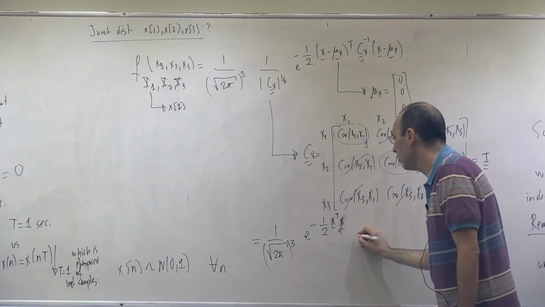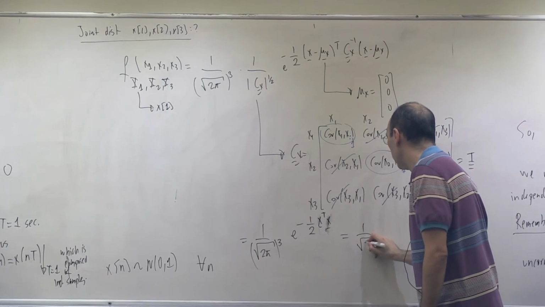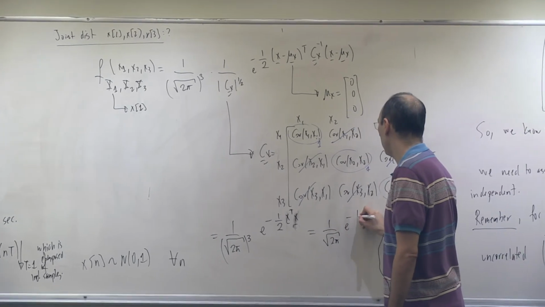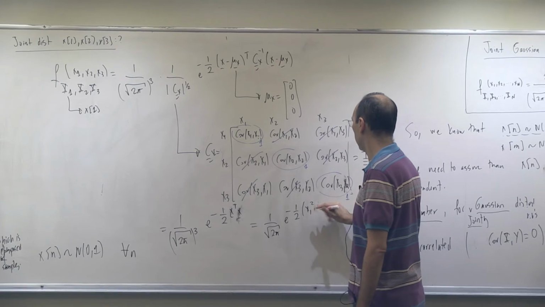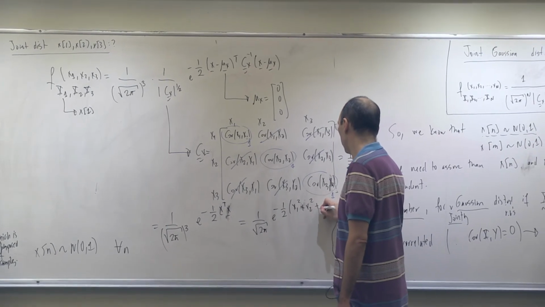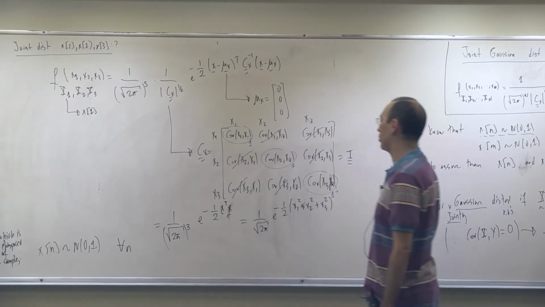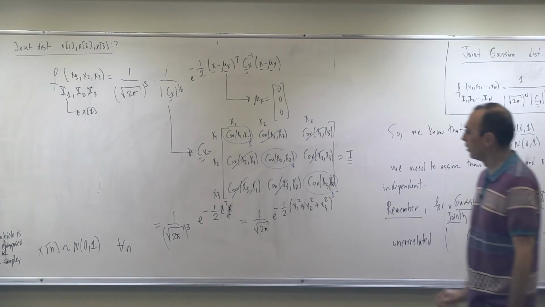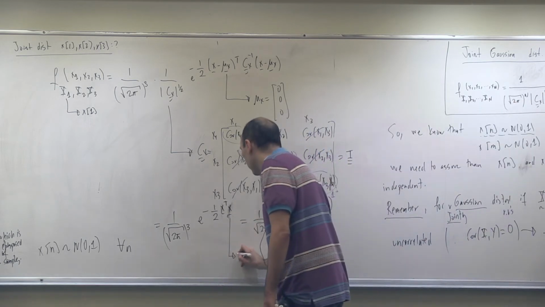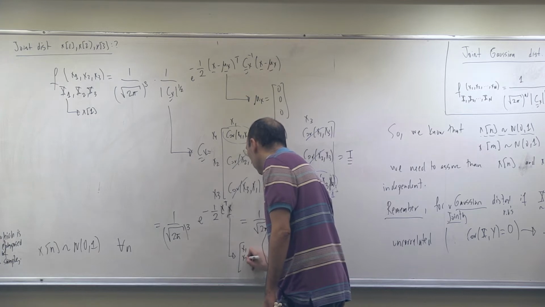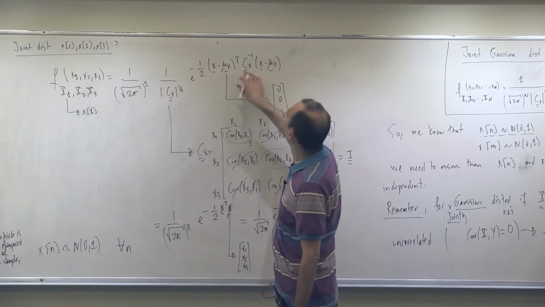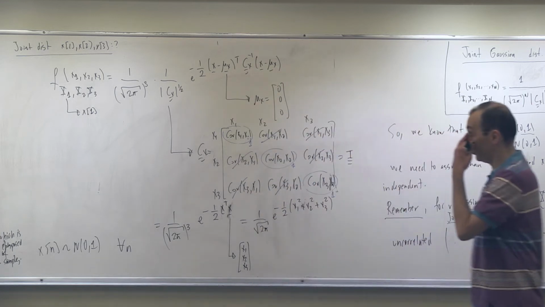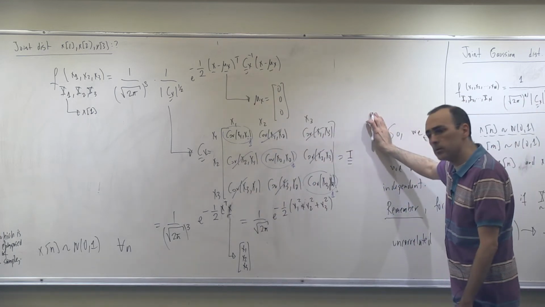So how about this one? 1 over 2 pi e to the minus 1/2 (x1 squared plus x2 squared plus x3 squared). Do you agree? The reason is this x vector, by definition, contains the variables x1, x2, x3. These are the parameters of this function or density. Okay, that is the end.